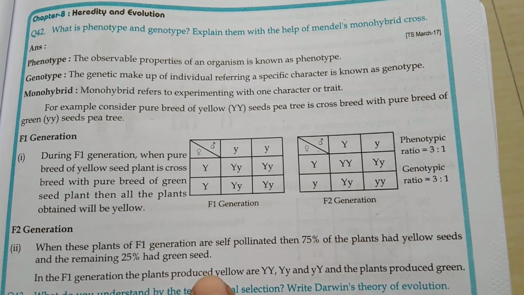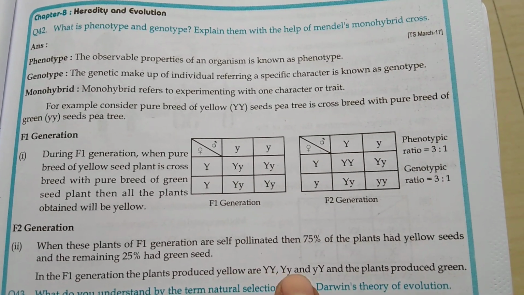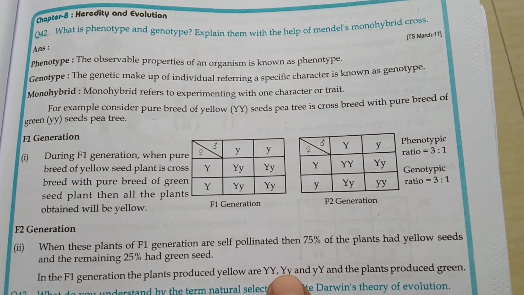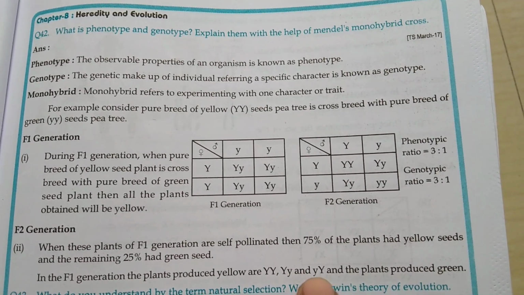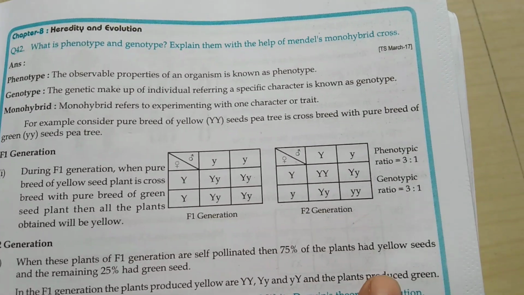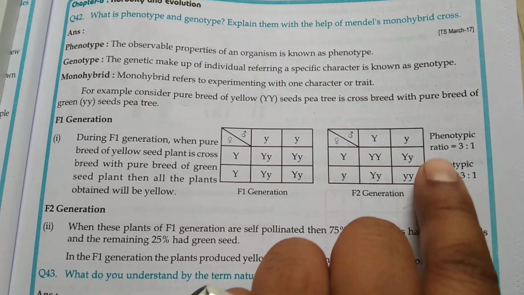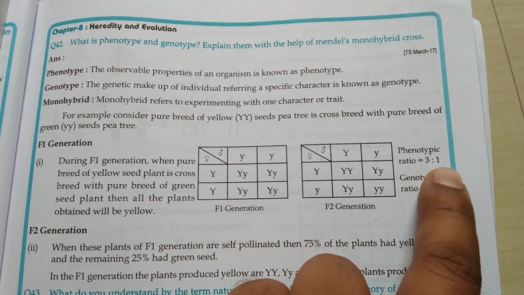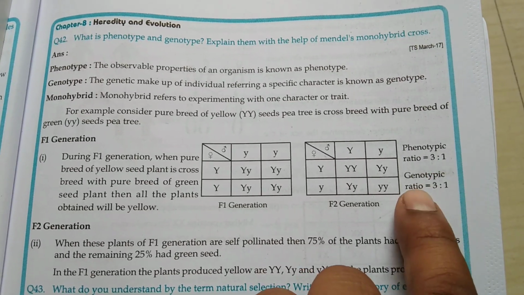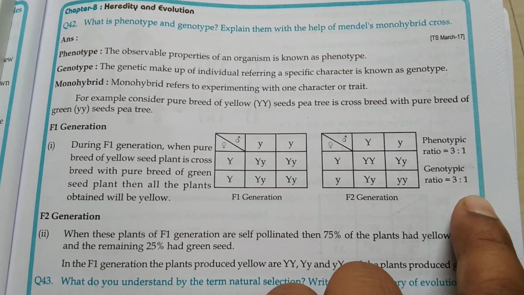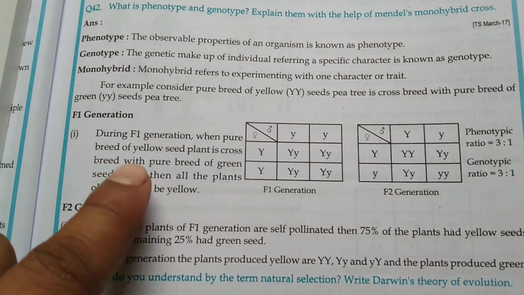So in the F1 generation, the plants produce capital Y or small y, and the plants produce green. So children, what is the phenotypic ratio here? Here the phenotypic ratio is 3:1 and the genotypic ratio is 1:2:1. So children, this is the most important question.